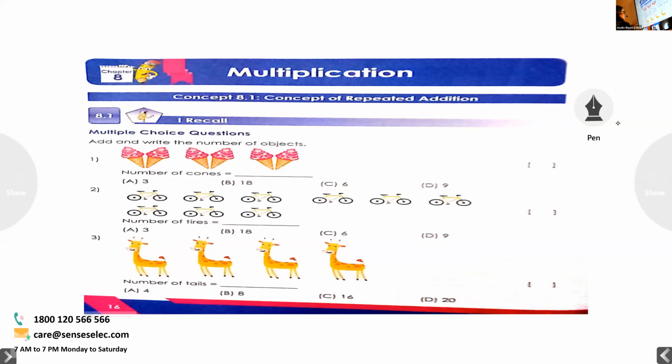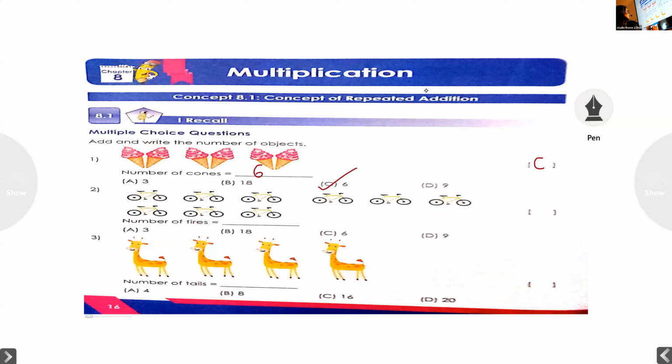Advait Arun. Yes, ma'am. First one. Add and write the number of objects. Number of cones is equal to 6. Yes. Good. Put a tick mark on C. Write 6 and C in the bracket. Next one.